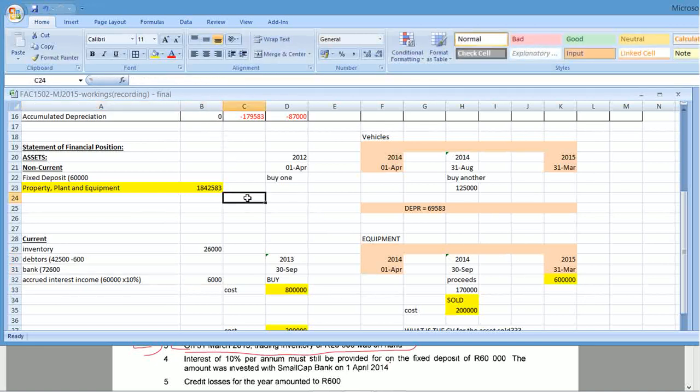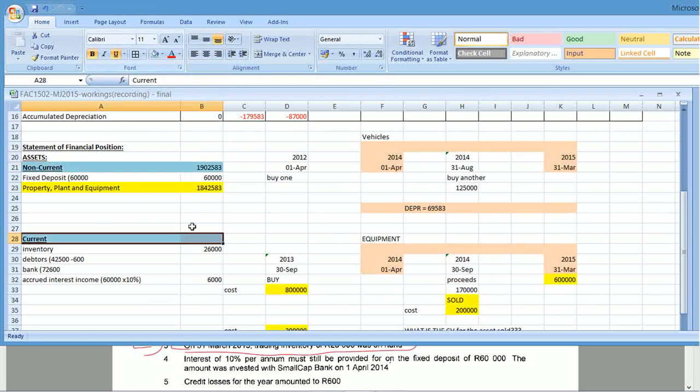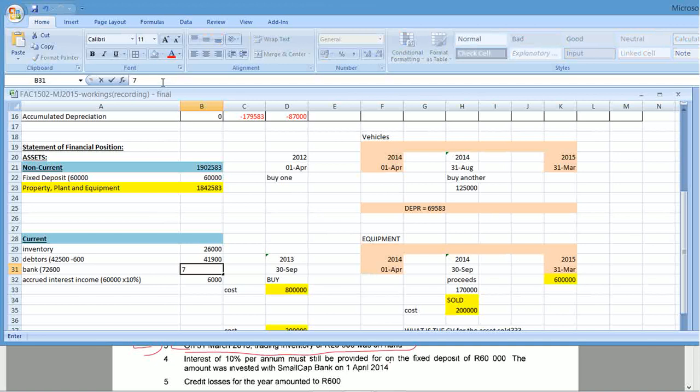Okay, now you just need to wrap everything up. This stays at 60,000. So my non-current would have been this plus that. Gives me my total non-current. Okay, that's non-current. Then I've got current. Current would have been, okay, well, these totals, let's work out what that is. And 7,200. Well, bank would have been the proceeds. We can't forget about the proceeds from the sale.